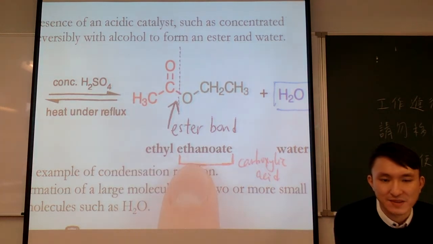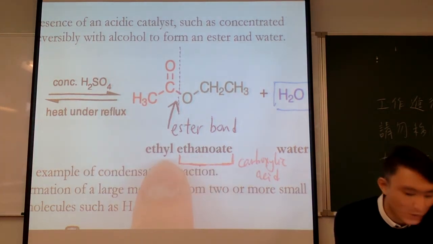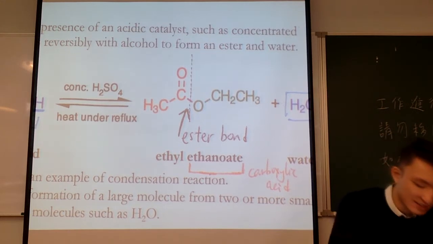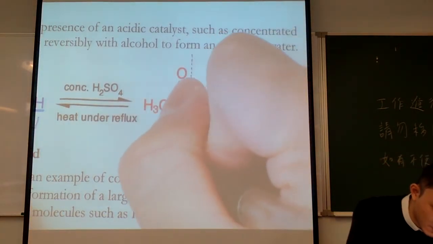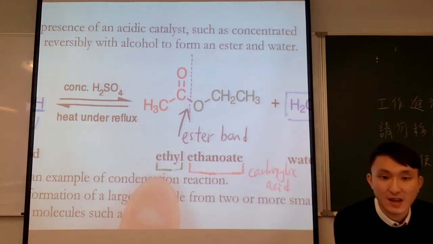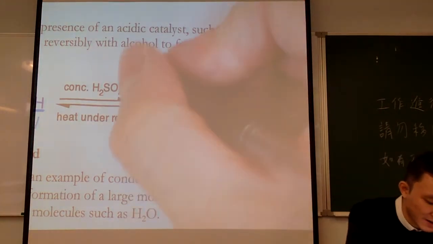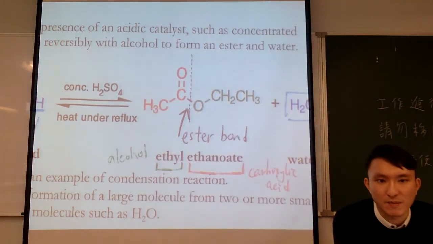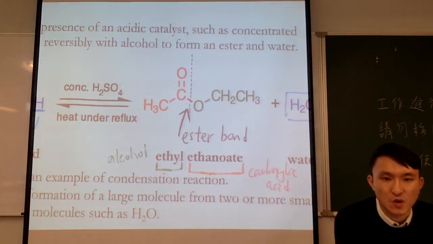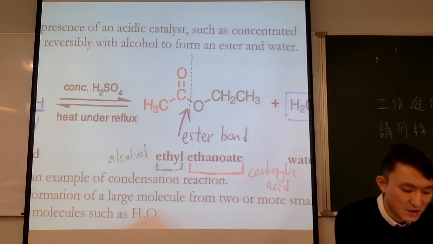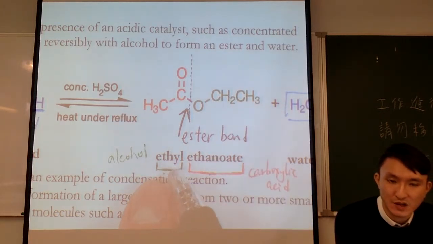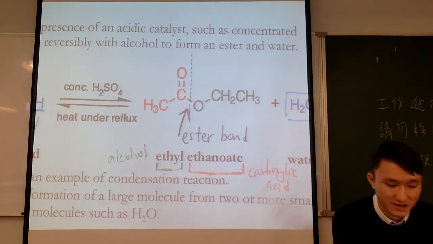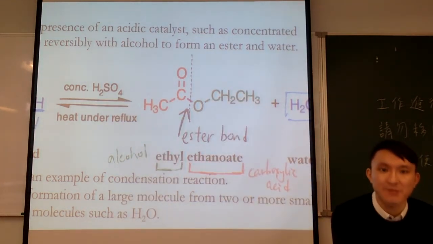Ethanoate. Okay. Now for the first word, which is the green part, I hope my green ball pen has ink. This one will be corresponding to the alcohol part. Okay, the alcohol part. All right. So when you name this compound, you will name the alcohol first, we call it ethyl, and then the acid part, ethanoate. So ethyl ethanoate, okay?